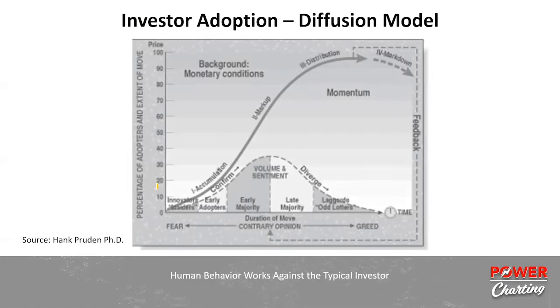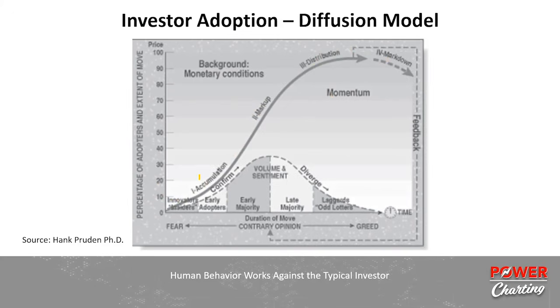This is a model that Dr. Pruden had developed. I saw this for the first time, wow, 40 years ago, and it was amazing. It took me a long time to really grasp what it meant, but you can see the Wyckoffian influence in his thinking here as we look at the evolution of the stock market cycle, which goes from accumulation to markup and then distribution and markdown.